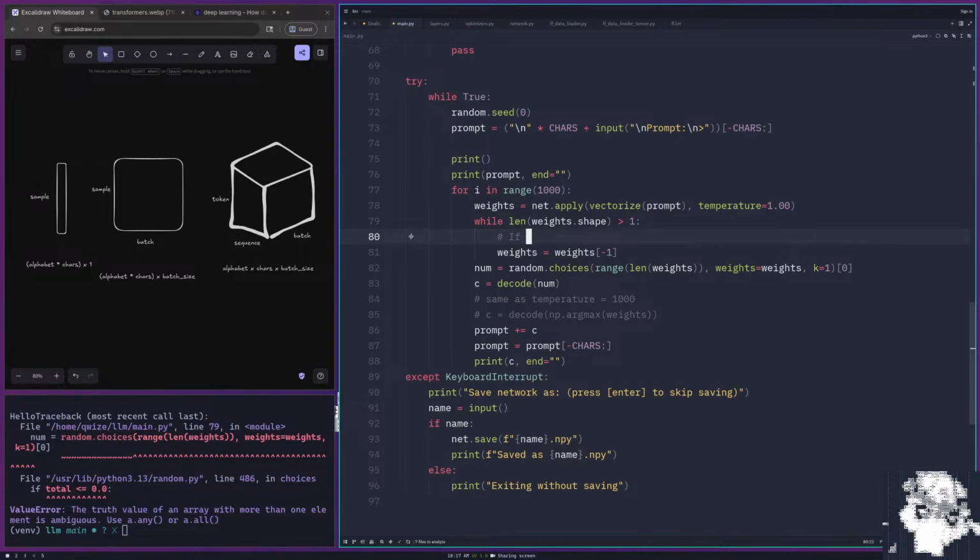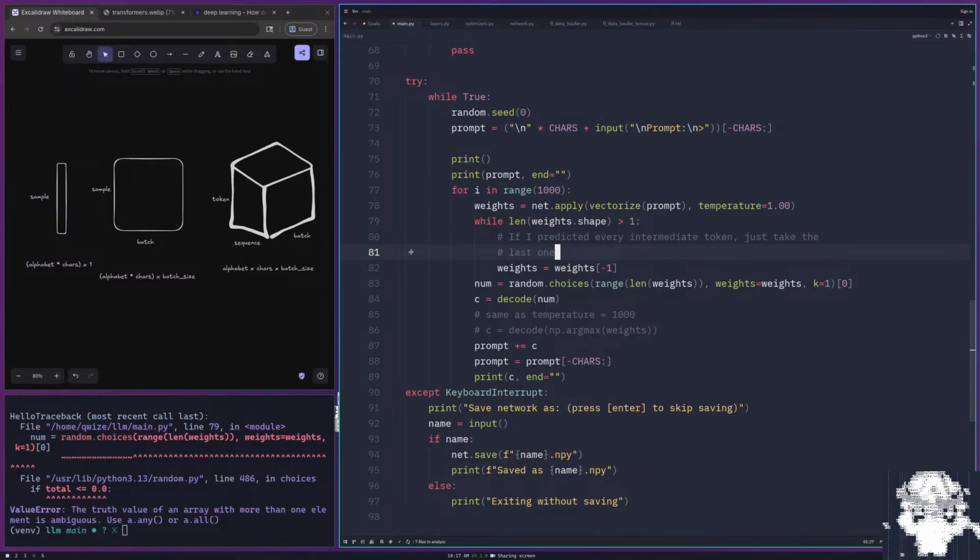So, what's the right way to say this? If I predicted every intermediate token, just take the last one.